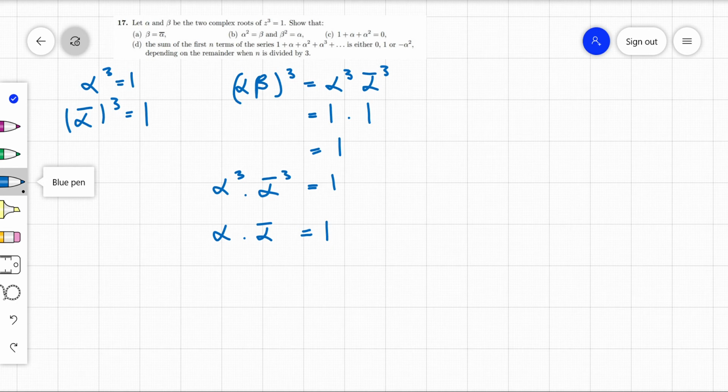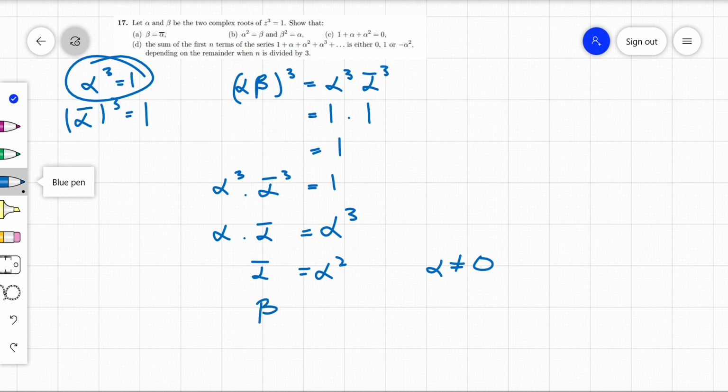We also know that, of course, 1 is equal to alpha cubed. If I divide both sides by alpha, and alpha could not be 0, otherwise I can't divide by it, I get that the conjugate of alpha is alpha squared. So that really gives us that beta equals alpha squared.